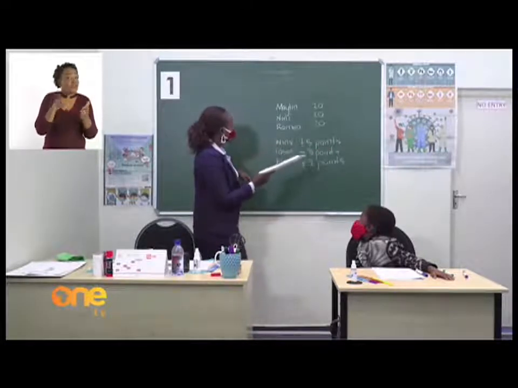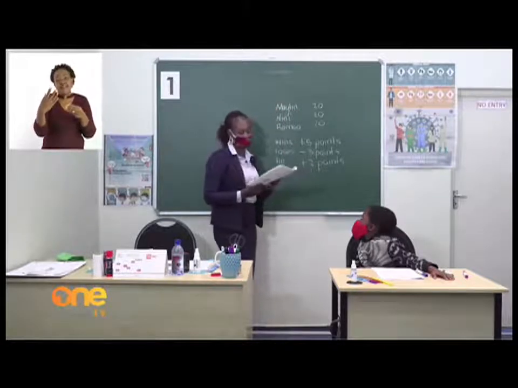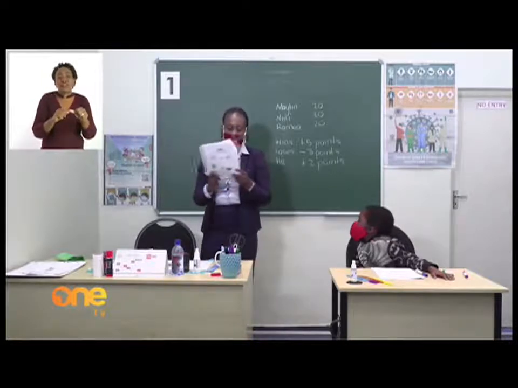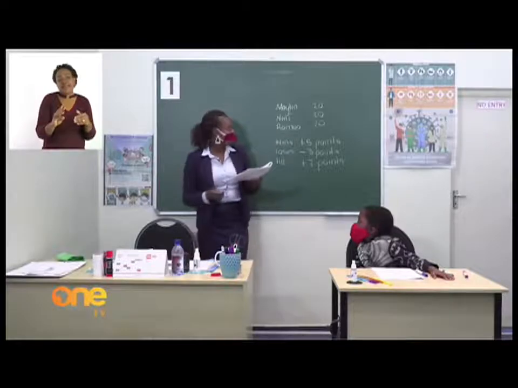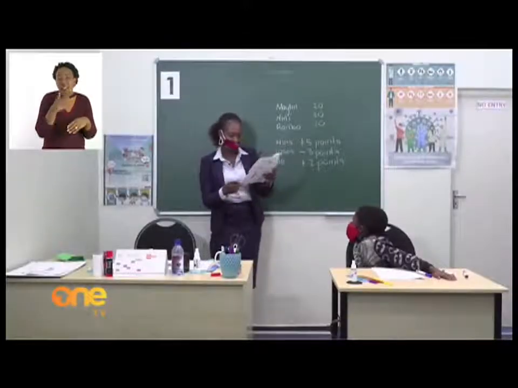So Marilyn will get 5 points. I now want you to do number 3, 4, 5, and 6, following what I was doing here. Thank you very much, grade 2s.